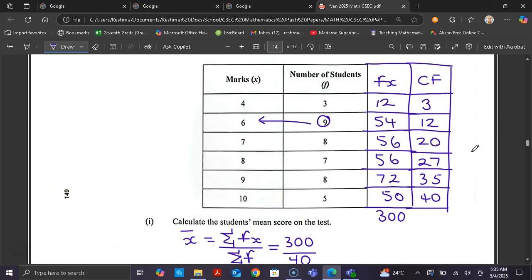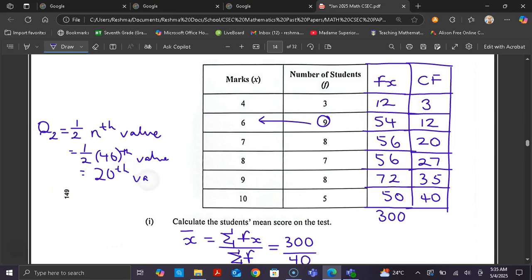So the median, which is given the symbol Q2, is a half of the nth value. And n in this case is 40, total number of students in the class. So we have a half of 40, which leaves us with the 20th value.